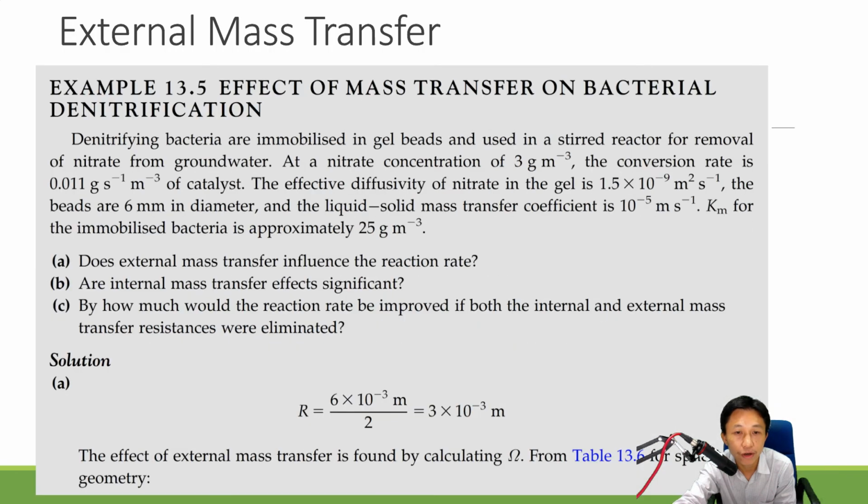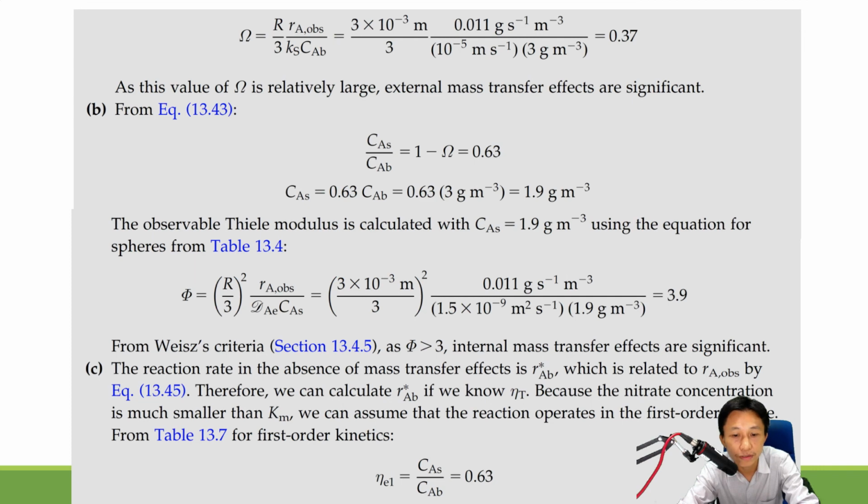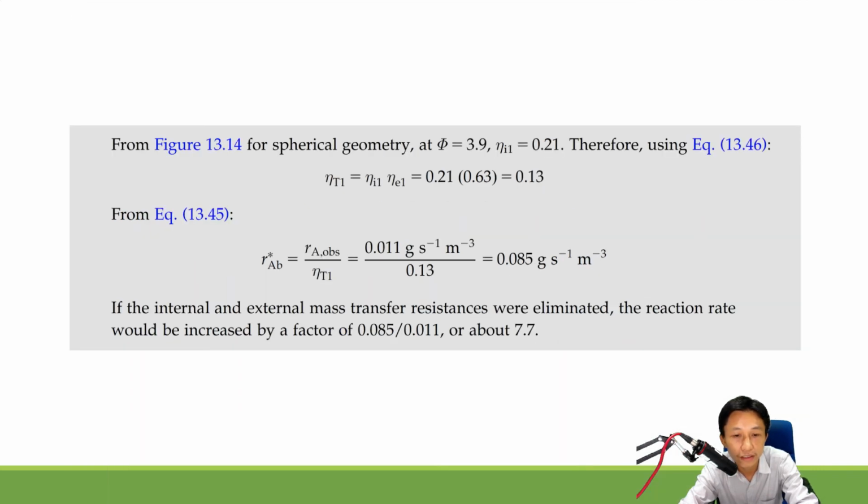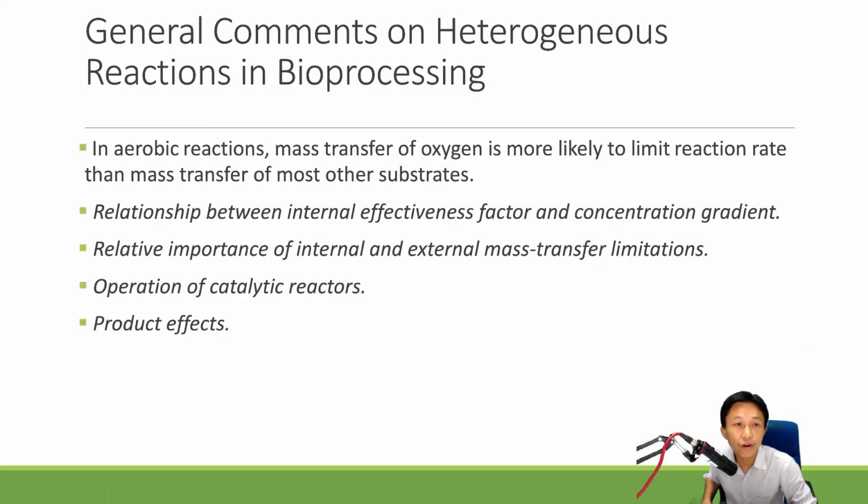We have a look at whether external mass transfer is important or not, and whether internal mass transfer is important or not, and we check it here. And for more common bioprocessing heterogeneous reactions, such as aerobic reactions, oxygen mass transfer is likely to limit the reaction rate more than other substances, because we need oxygen.